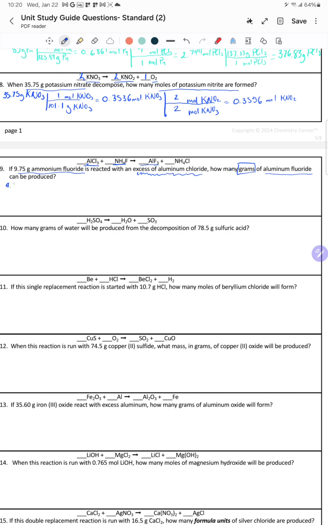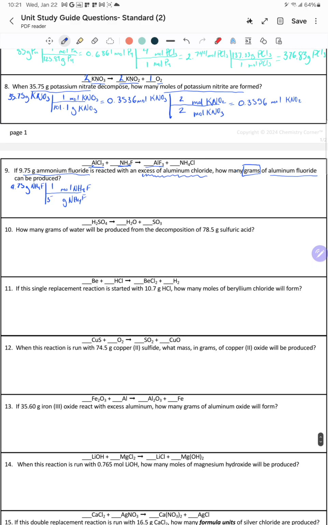So I have 9.75 grams of ammonium fluoride. So NH4 with an F. And I need to find the molar mass now because I'm going from grams of ammonium fluoride to moles of ammonium fluoride. And so this is a 1. And I look at the molar mass for this, and you should get a total of 37.04 grams.